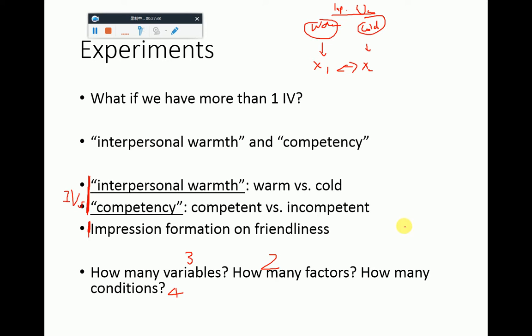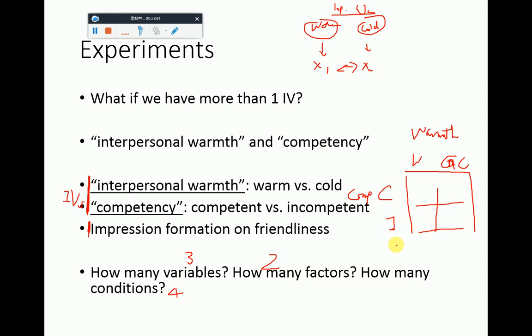Instead, the four conditions can be easily represented by what we call a 2 by 2 table. Okay? So imagine on this side we have the warmth variable. For the warmth variable we have two conditions, warm, cold. Here we have the competency variable. For the competence variable, we similarly have two conditions, competent, incompetent.